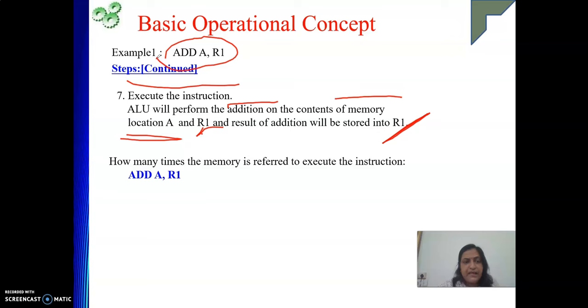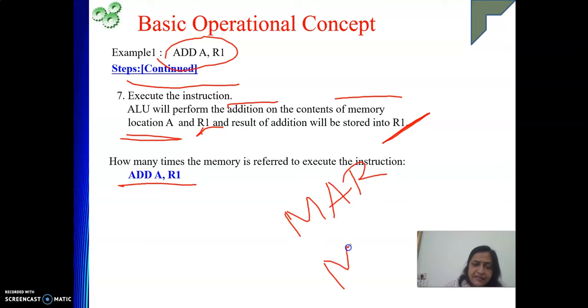Before doing that, one more thing: when we have executed this instruction, how many times have we referred to memory? And please understand what memory referred means. Once you give some address into MAR, then till the data comes in MDR, this whole sequence is called one memory reference.